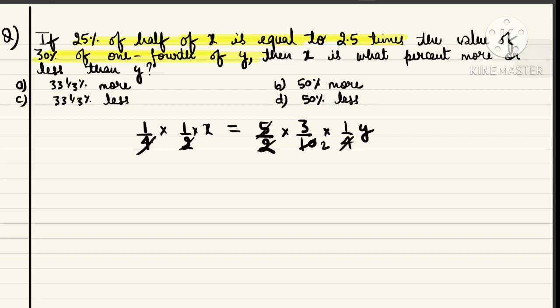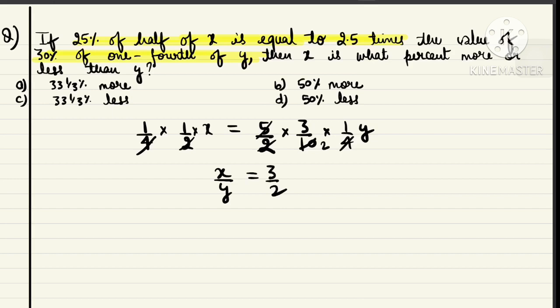So x upon y is equal to 3 by 2. Now it has been asked that x is what percent more or less than y. So it is clear that x is 3 and y is 2. So x is definitely more than y. How much percent?